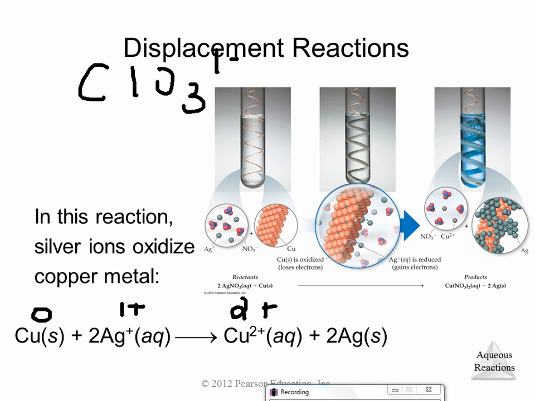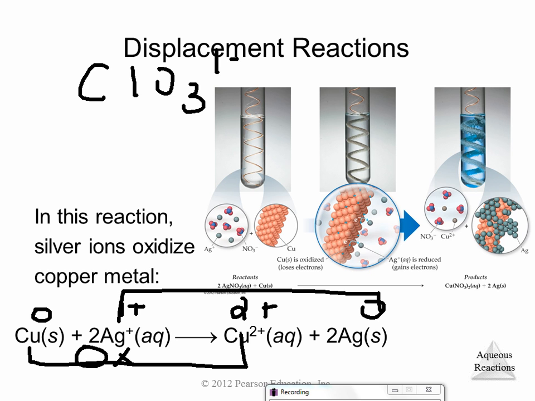Silver is in its elemental form, oxidation number 0. So look what happened to copper. Copper lost electrons. How many electrons did it lose? It lost 2. So oxidation is loss. Copper is oxidized.